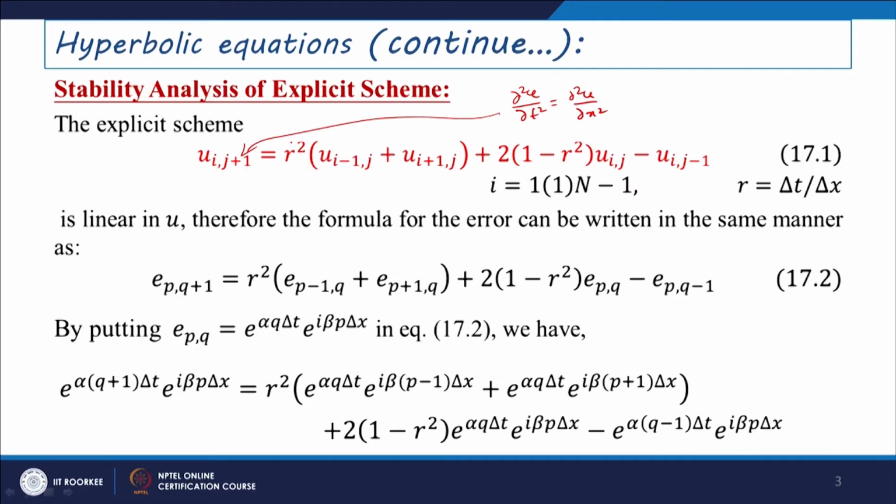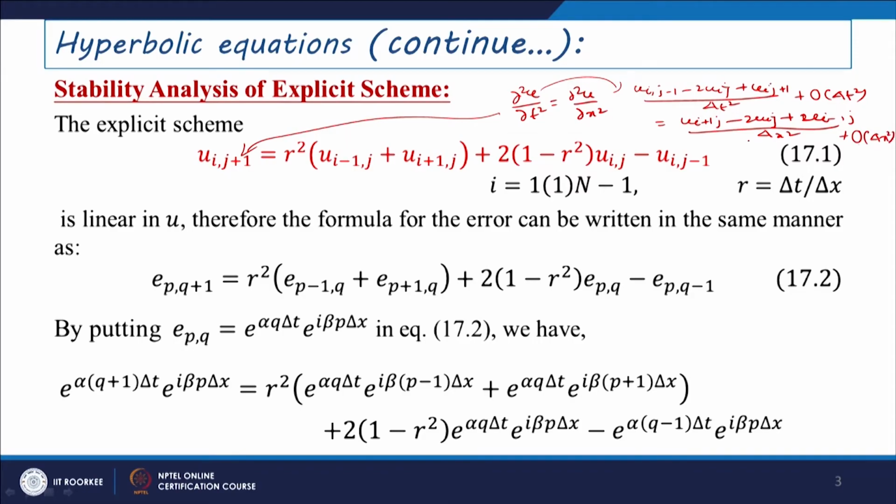Easily you can find this equation, since if you discretize this equation, it can be written in the form of u i, j minus 1 minus 2 u i j plus u i, j plus 1 by del t square plus order of del t square, equals u i plus 1, j minus 2 u i j plus u i minus 1, j by del x square plus order of del x square.